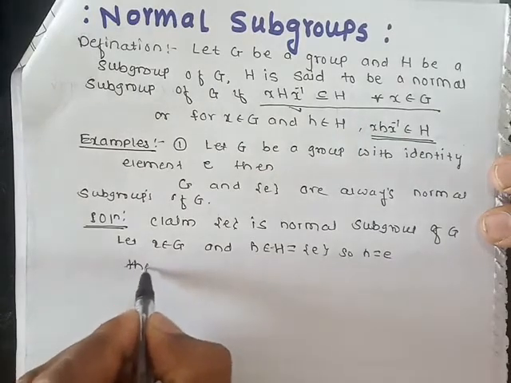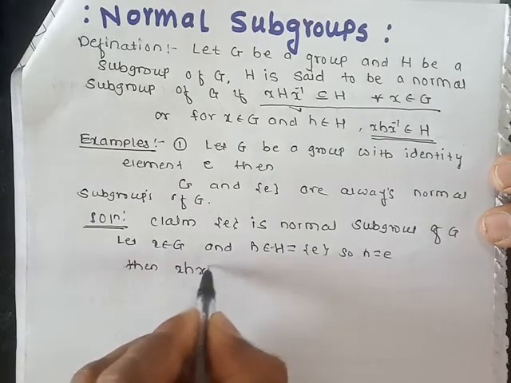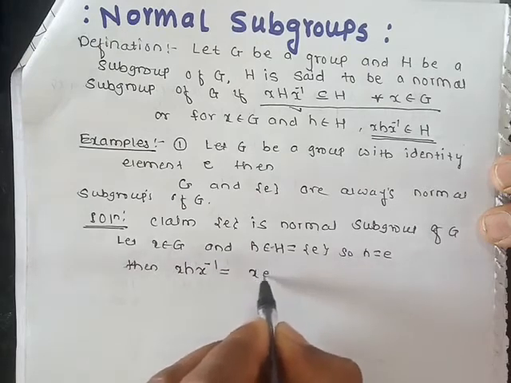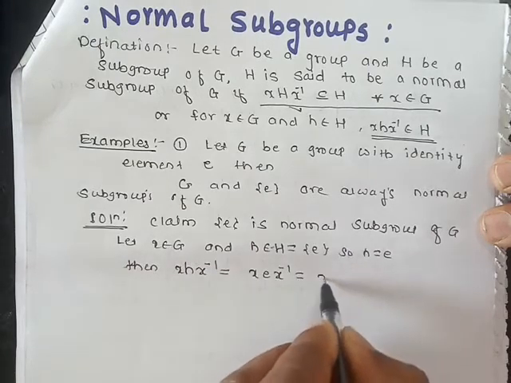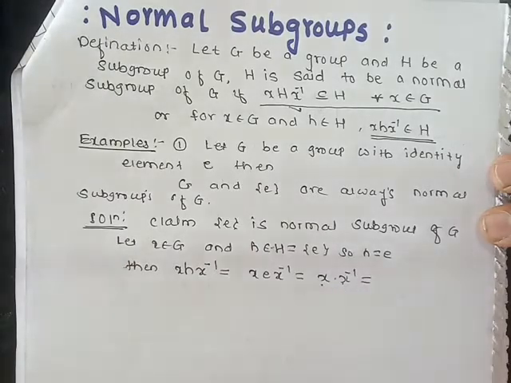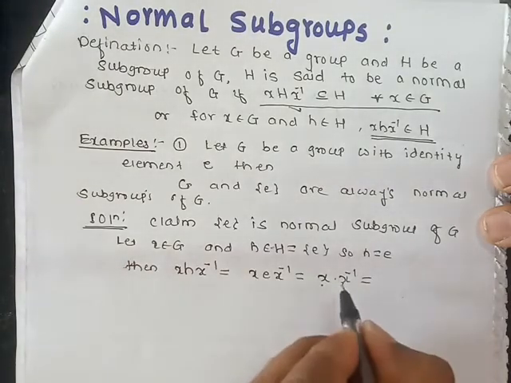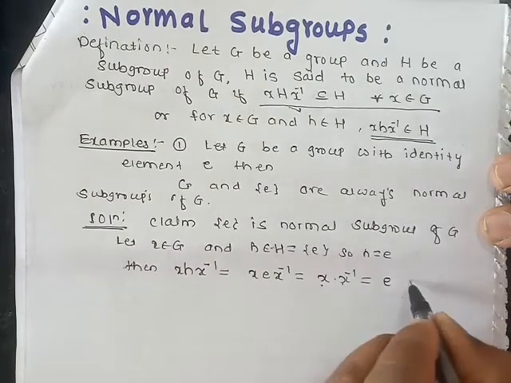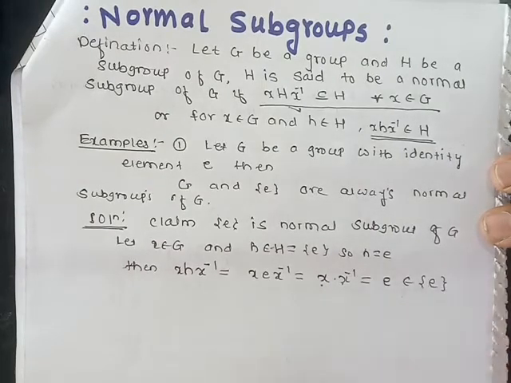Then x h x inverse is equal to x e x inverse, which is equal to x into x inverse. So x and x inverse cancel out and we get the identity element, which belongs to singleton {e}.